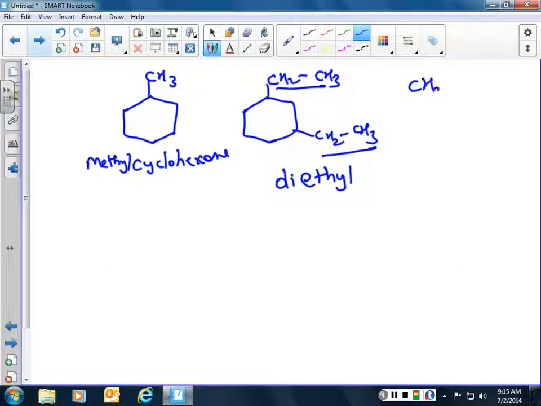It could be written like this also. So diethyl cyclohexane, and the numbering is 1,3. Why ethyl? Is it clear? Because there are 2 carbons. And remember, a branch means it will always have a YL ending, like 1 carbon will be meth, yl, ethyl, because it's a substitution. Correct.